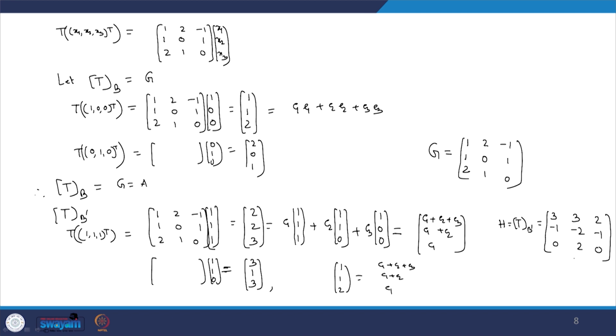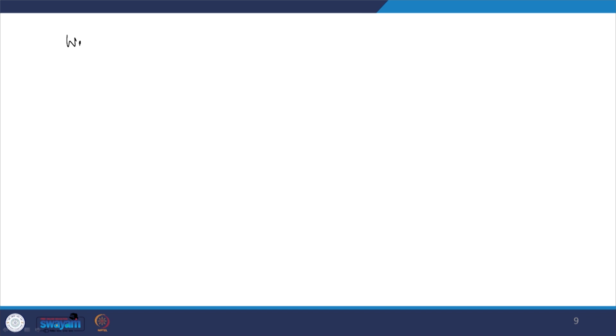Now, our aim is to find a non-singular matrix P such that H equal to P inverse G into P. We want to find an invertible 3 cross 3 matrix P such that H equal to P inverse G into P, that we have to find.